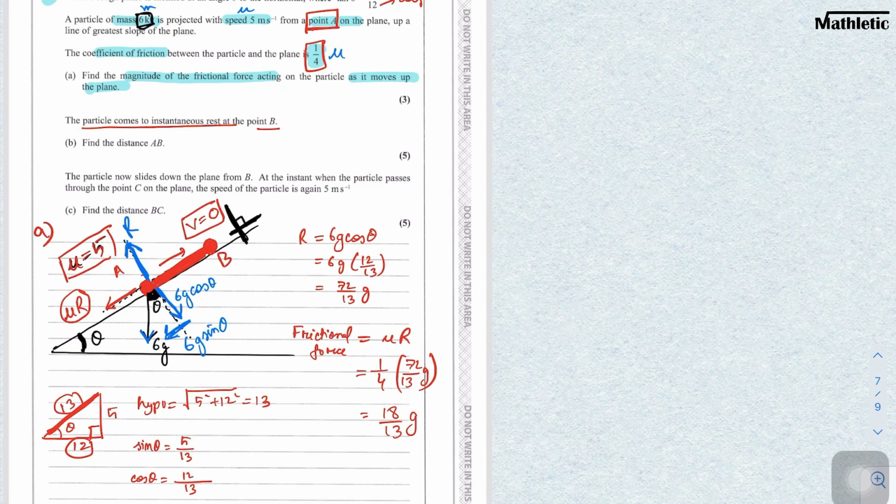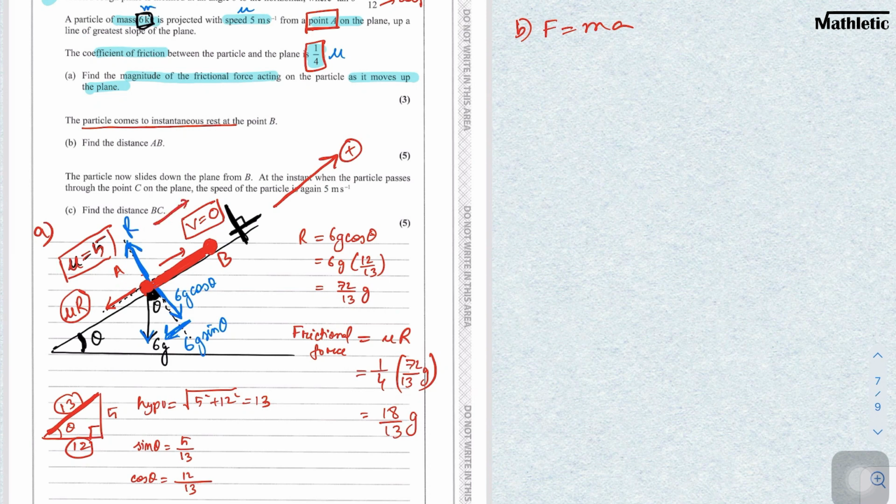Since the particle is moving up the plane, let's assume that direction as positive, and I will apply F equals ma. You just projected the particle; you are not pushing it and helping it move forward, so there is no constant force acting on the particle in this direction.